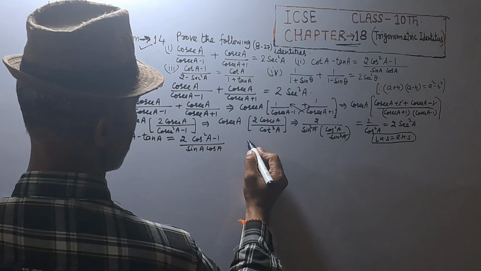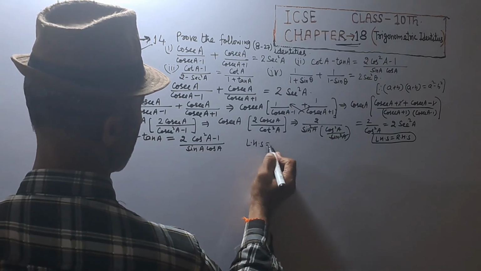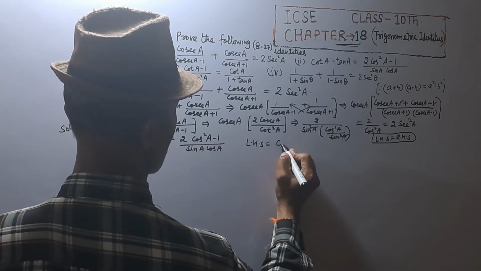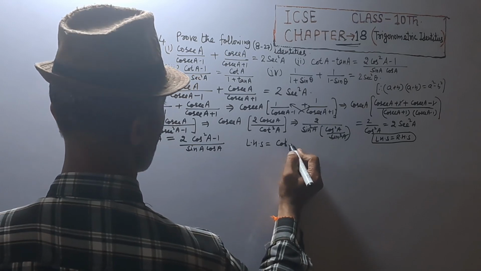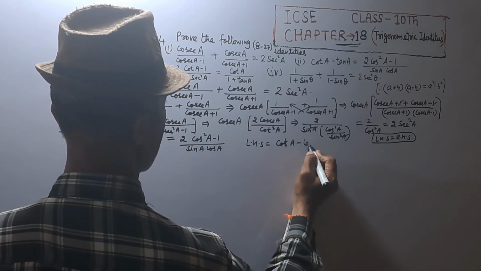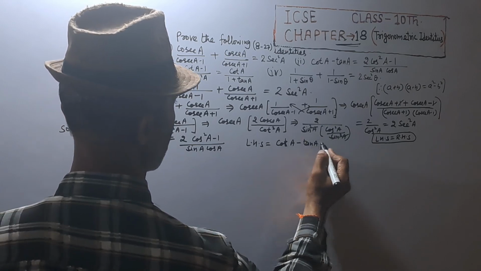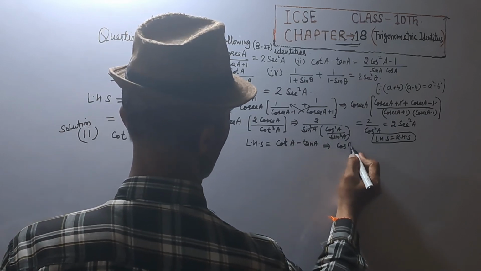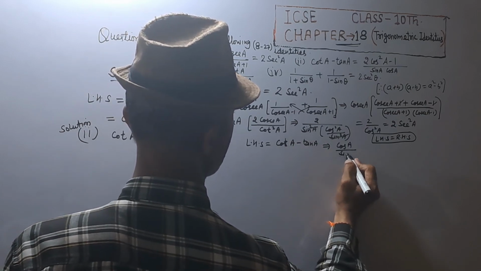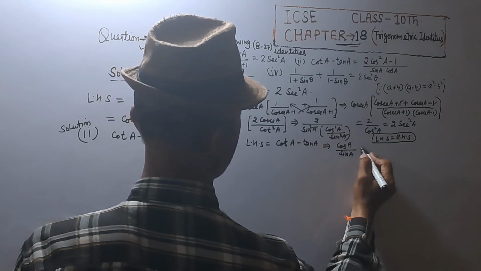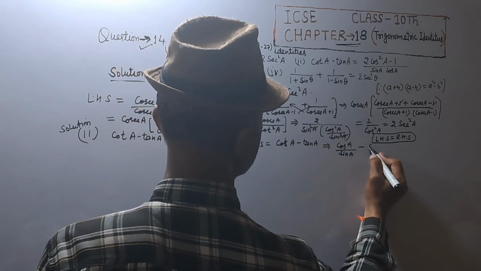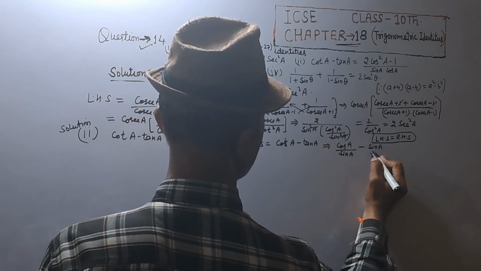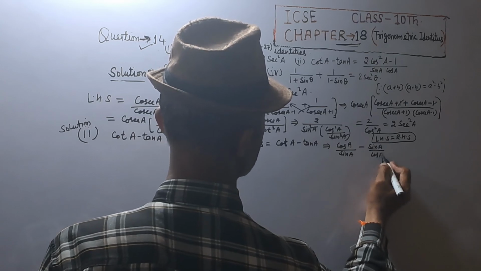Left hand side is equal to cot A minus tan A, which implies cot A we can write as cos A upon sin A, minus tan A is equal to sin A upon cos A.